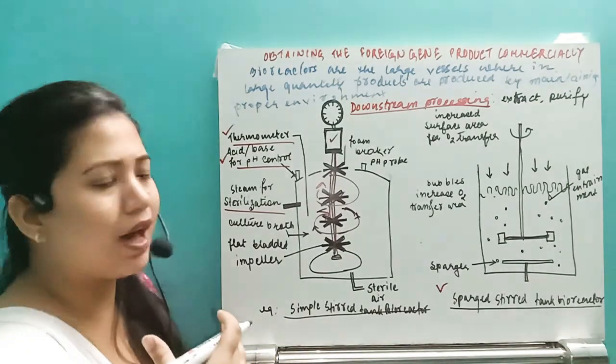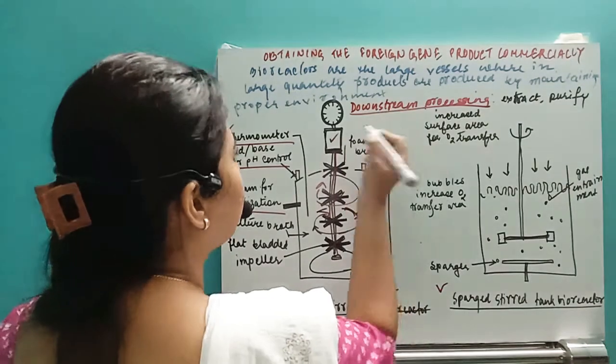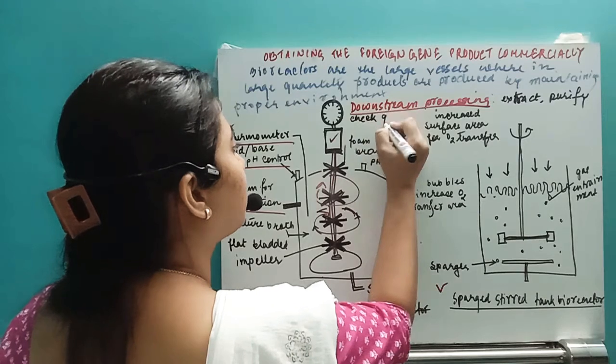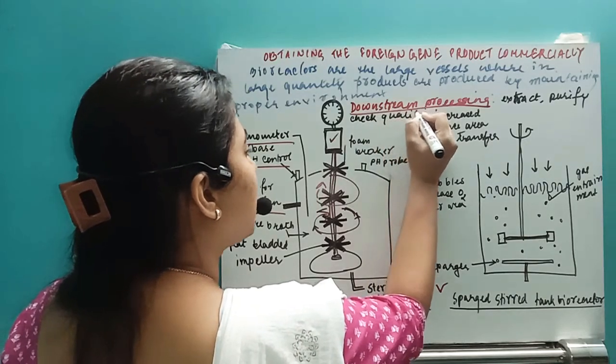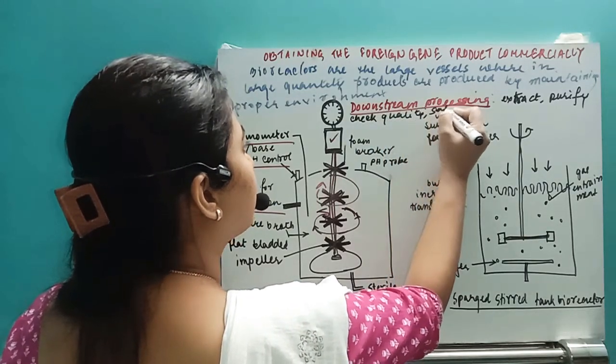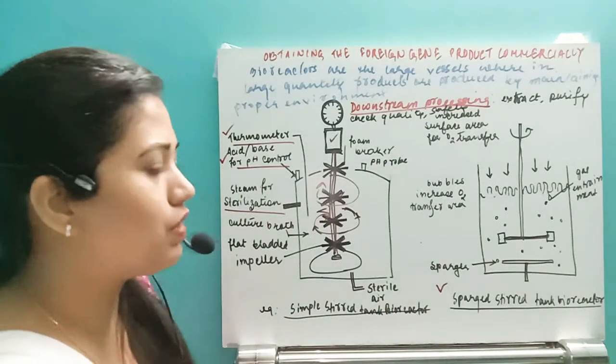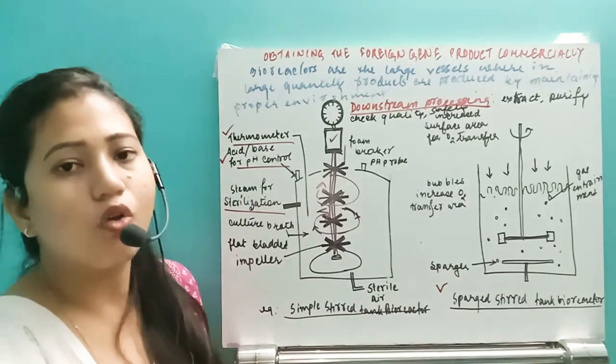That means we have to purify it, and first of all check the quality. Quality and safety, we will check all of this. Then after that we will be able to take the product for commercial purposes.